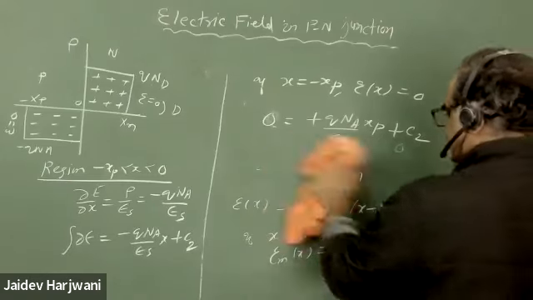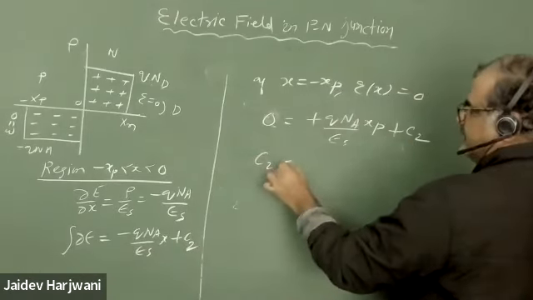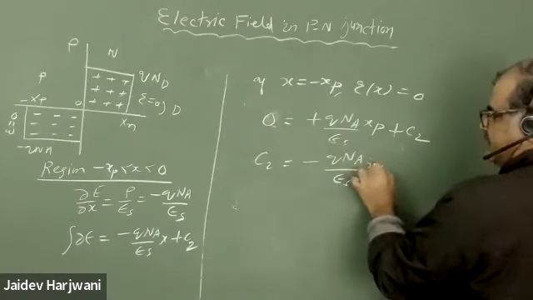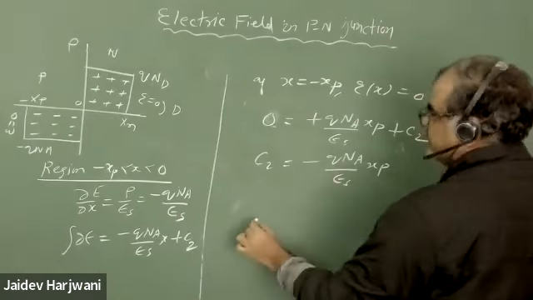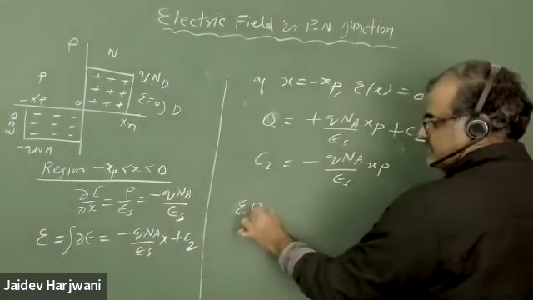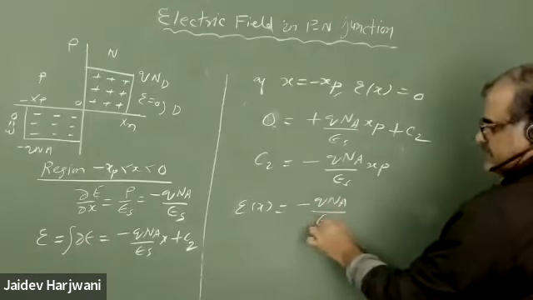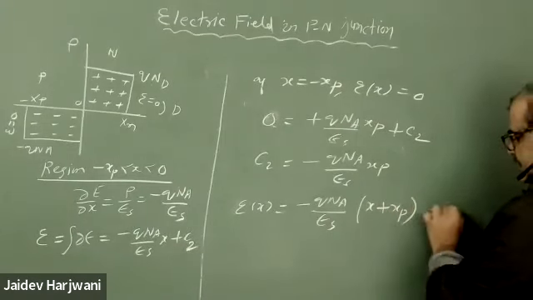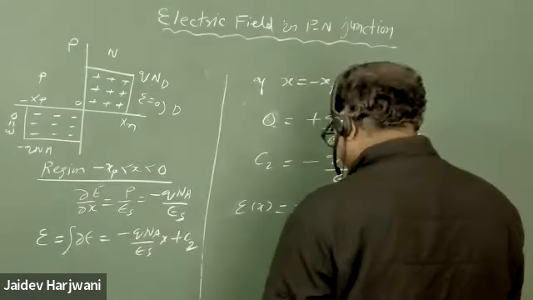So my C2 will become minus qN_A x_p over epsilon_s. If I put this C2 value here, my electric field as a function of x will become minus qN_A upon epsilon_s times (x plus x_p). This is my electric field in the P side of the depletion layer.